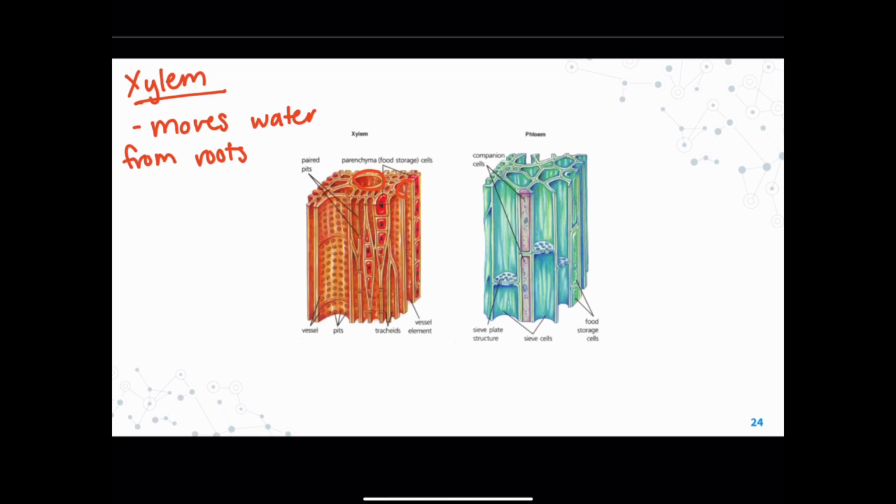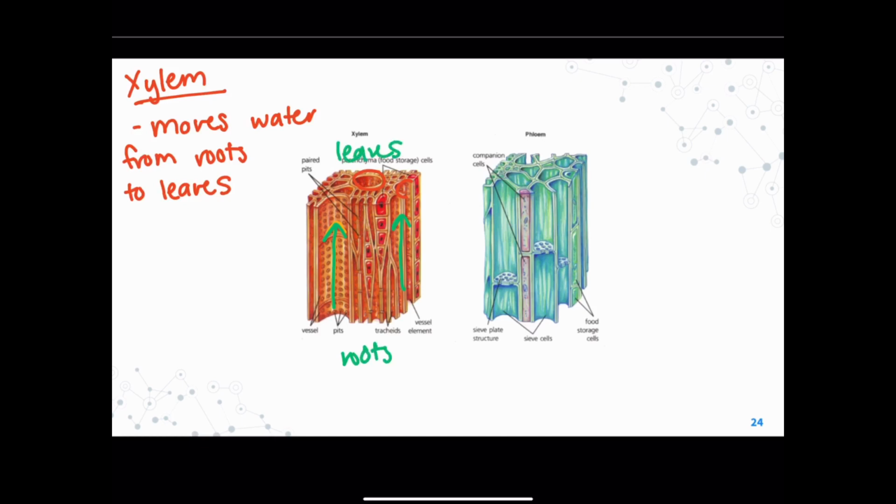Can a plant absorb water from its leaves? No, it actually loses water in its leaves because of those stomata. So it can only move water from roots to the leaves. So xylem only moves in one direction, and that direction is up. Sorry, you can't really see that arrow. They are only moving, again, from the roots all the way up to the leaves.